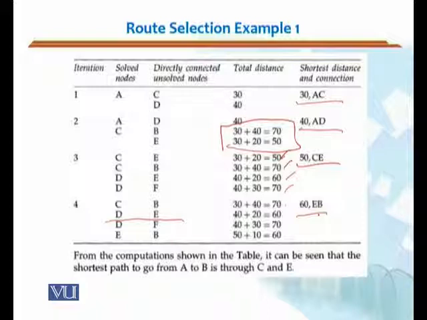So what will happen? We can see that the shortest path from A to B is through C and E. Are you getting it? So first of all, my shortest path would come from A to C, then C to E, and then from E I will go to B. So A, C, E, B would be the path.